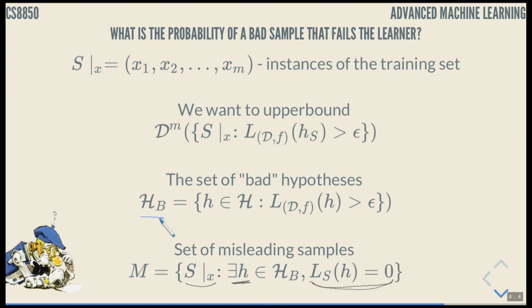We have the bad hypothesis set that is defined with respect to the true loss. But we also define the set of misleading samples. It's a training error, right? Training samples that will lead to 0 error, 0 empirical risk.